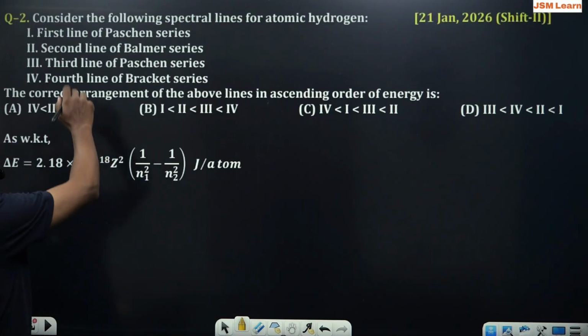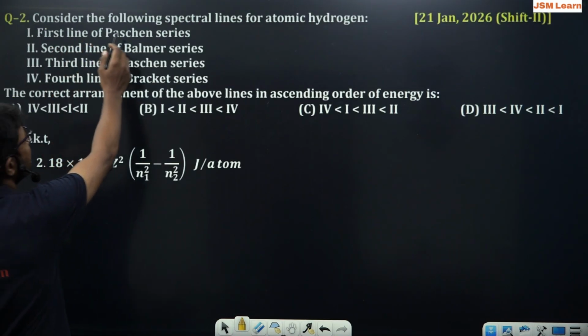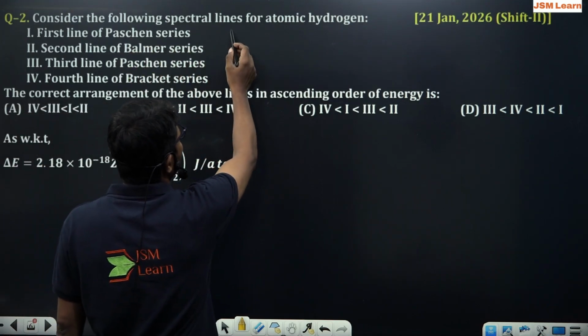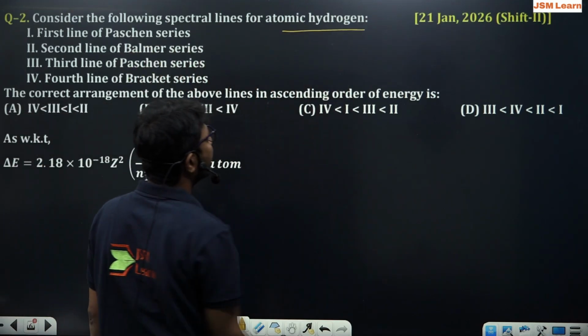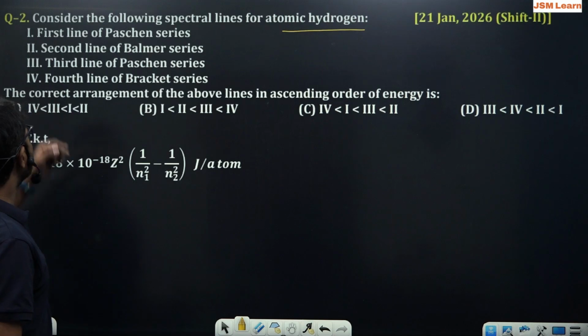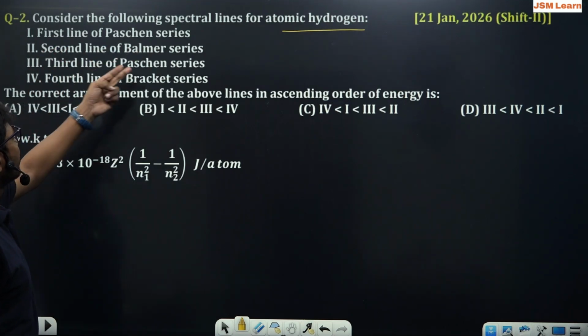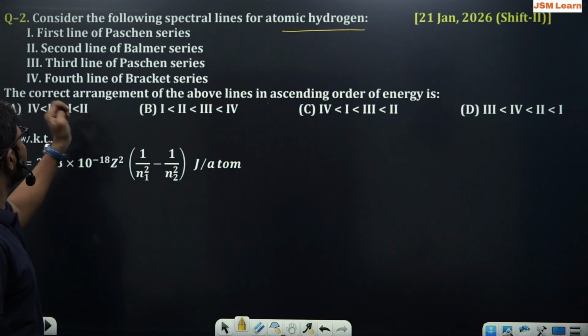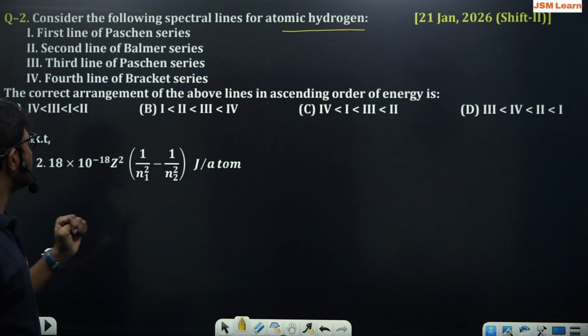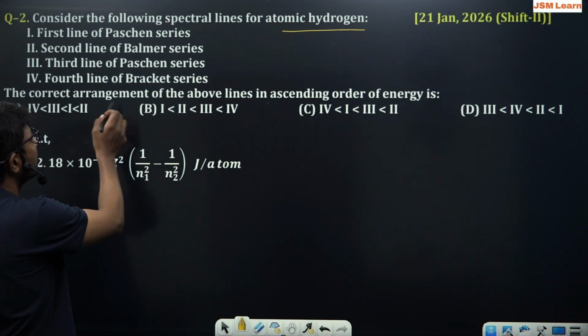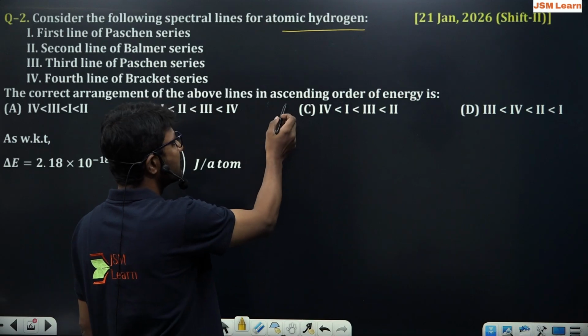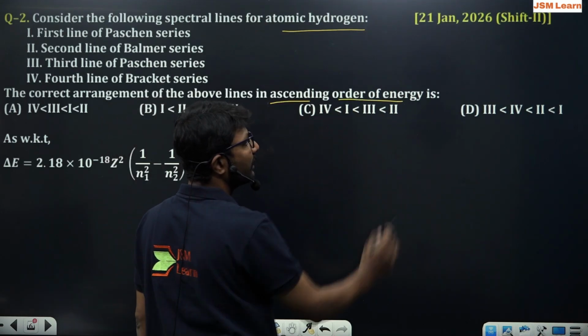See this question, the second. Consider the following spectral lines for hydrogen atom, they are saying. Let us solve: first line of Paschen series, second line of Balmer series, third line of Paschen series, again fourth line of Brackett series. We have to see what? The correct arrangement of the above lines in ascending order of energies.